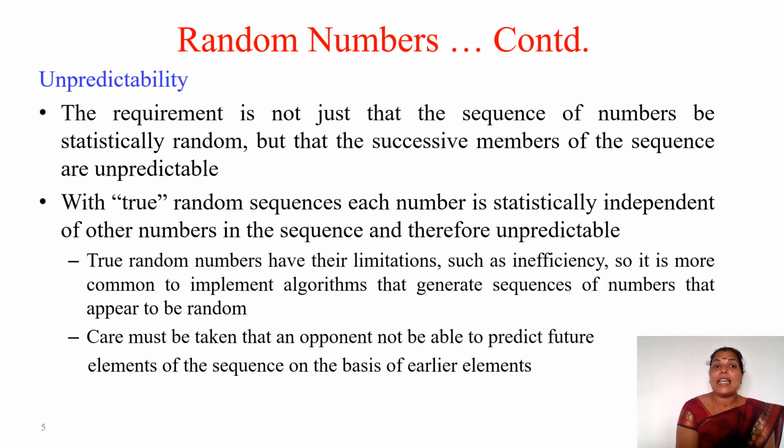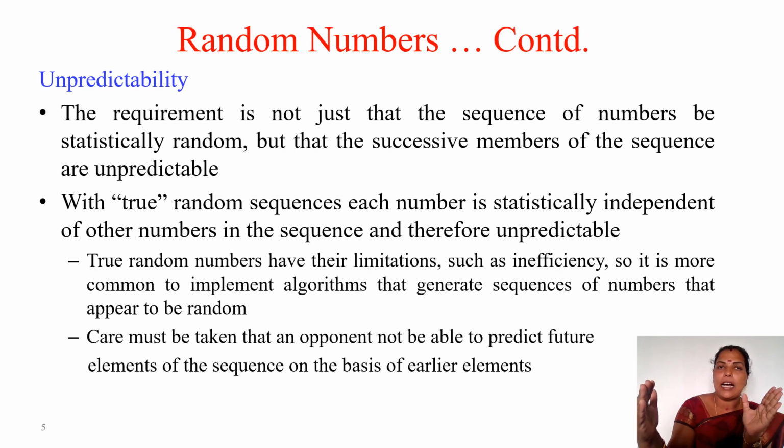Next is unpredictability. One is randomness and another is unpredictability. These are the properties of random numbers. Unpredictability means the requirement is not just that the sequence of numbers be statistically random, but that the successive members of the sequence are unpredictable. That is, it can't be generated using some patterns.